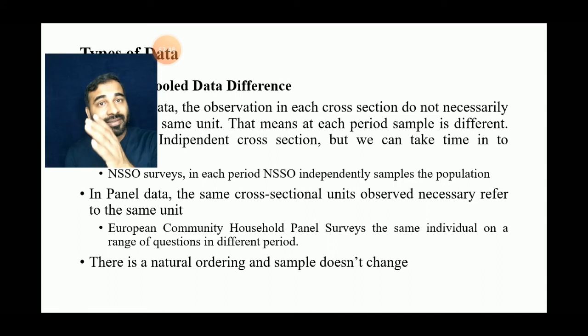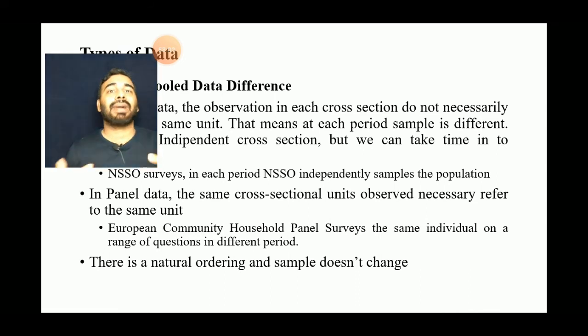Here the states are the same, Kerala, Tamil Nadu, all the same, but only the years are changing. But in the pooled cross section both year and cross section will change, but in panel data only the time will change, the cross section will remain unchanged.